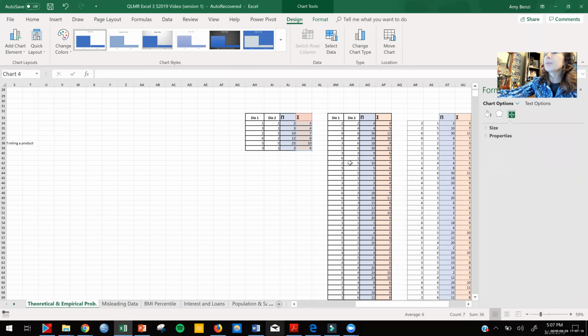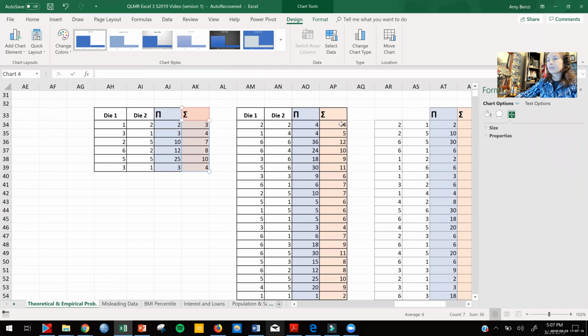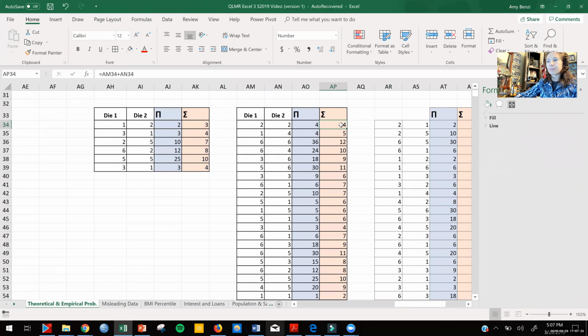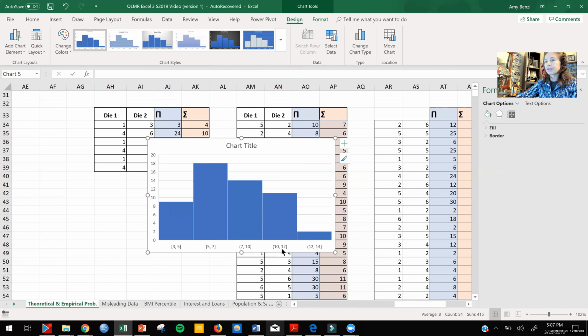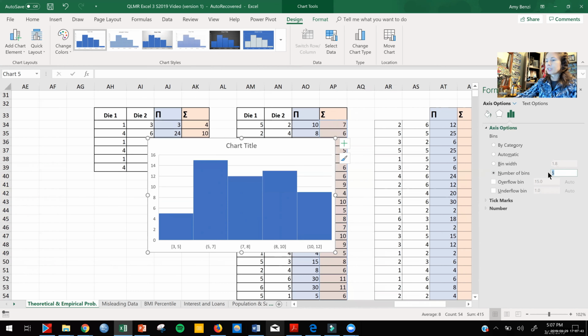All I'm going to do is click this very top where it says 4, put my cursor at the far right hand corner and double click all the way down. And then I am going to insert a histogram, double click the x-axis, go to axis options under the bar graph here, get number of bins and change that to 11.